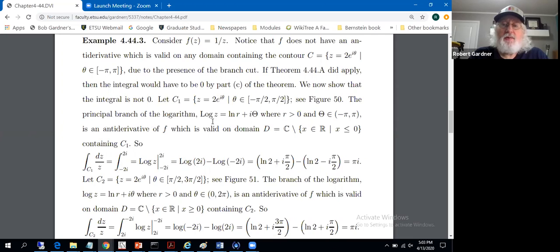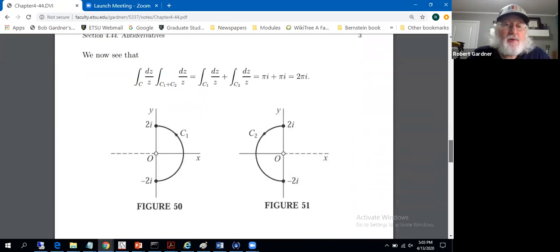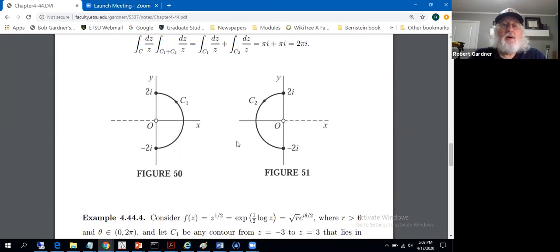Principal branch of the logarithm, differentiate it, you get 1 over z, where it's defined. It's defined on a place that includes contour C sub 1. Yeah, there you go. So we'll take a different domain. We'll take domain D to be C minus the branch cut for the principal branch of the logarithm. That's what they're illustrating in figure 50. Domain D is the entire complex plane with 0 removed and the negative real axis removed. And we're looking at a new problem.